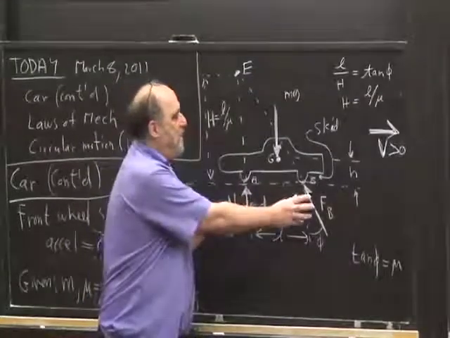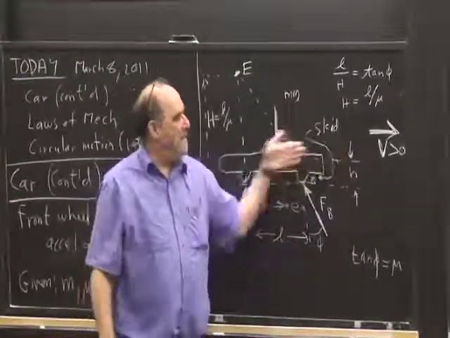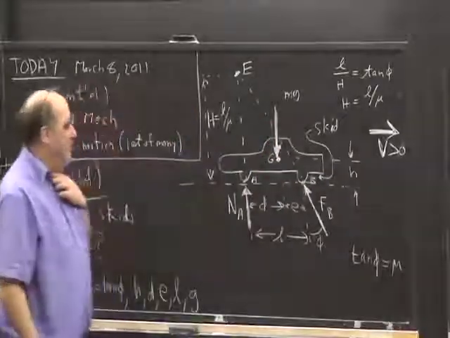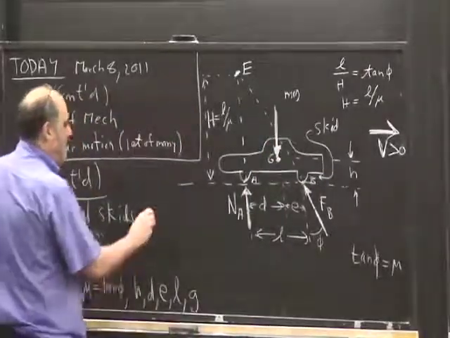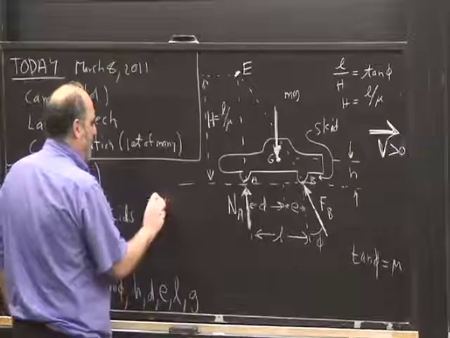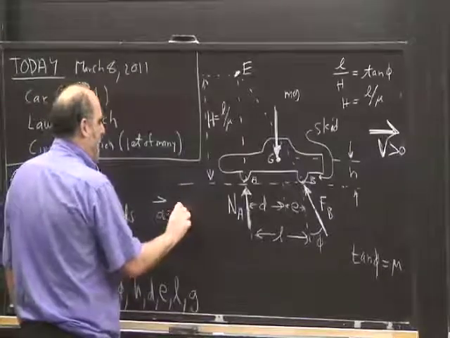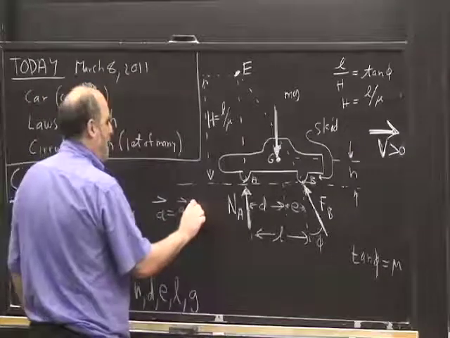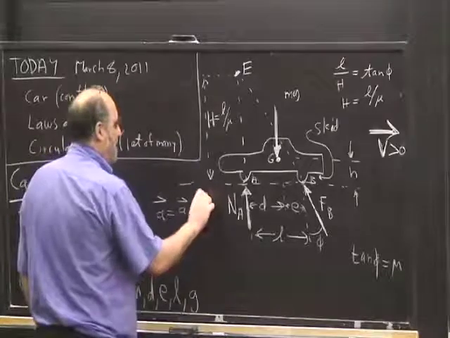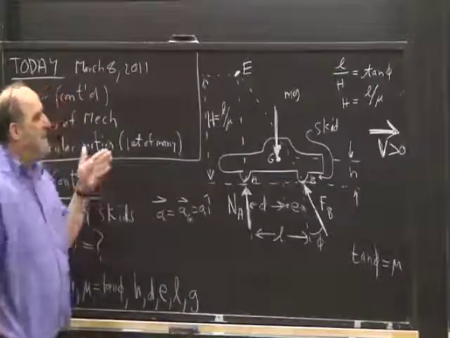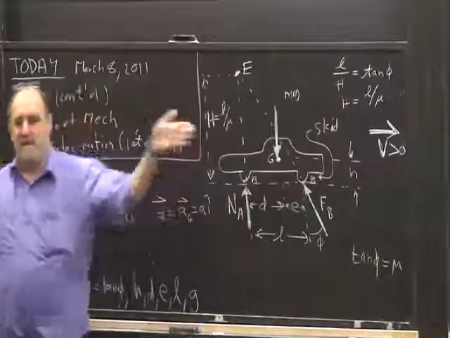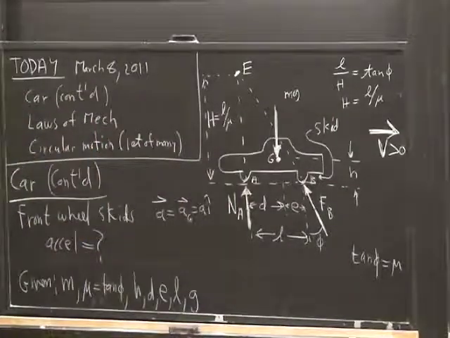So we have two unknown forces anyway we deal with it, and an unknown acceleration. The acceleration we assume is just in the i direction, and this is why we have this section called constrained motion in one dimension. We're assuming that these wheels stay on the ground, and this only goes in one direction.